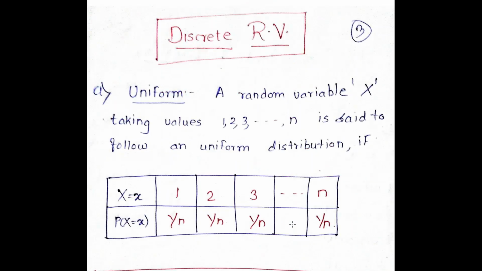So basically there are different kinds of distributions. One of the discrete random variable distributions is the uniform distribution, in which the value of x goes from 1 to n, and the probability of each value is 1 by n. Hence it is the uniform discrete distribution.